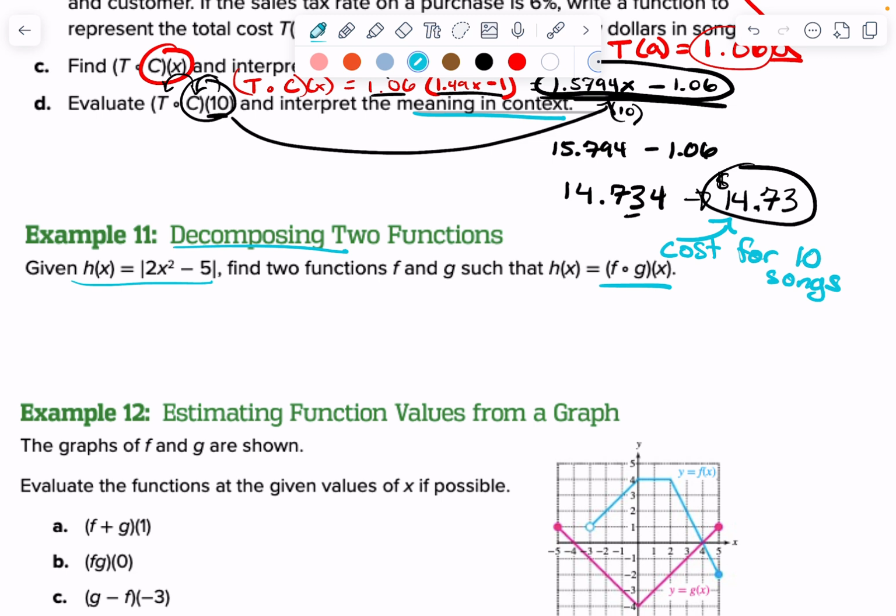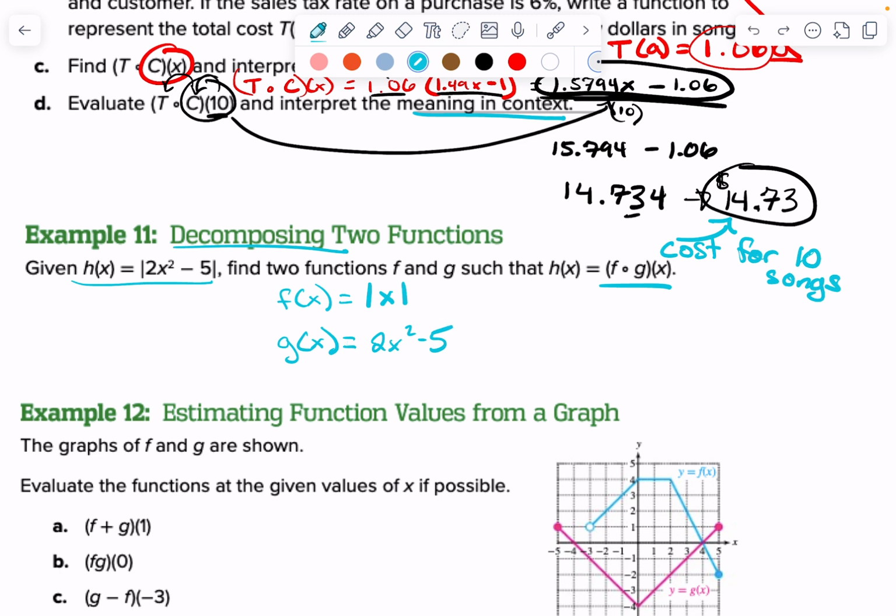So f of x has to be my outside operation, and g of x is what's going inside of that. So my outside operation looks like the absolute value of x, and inside that absolute value, I'm plugging in 2x squared minus 5. So I could write it like that, right? f composed of g of x means I'm taking this guy and shoving it in there.